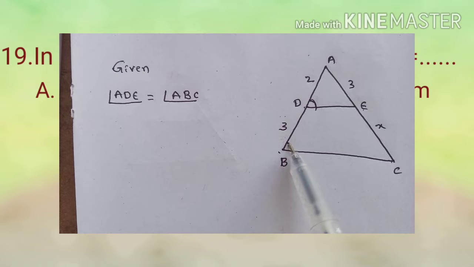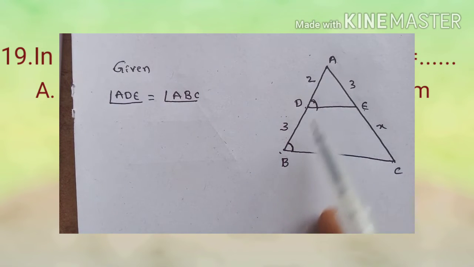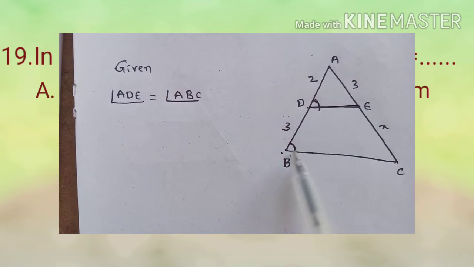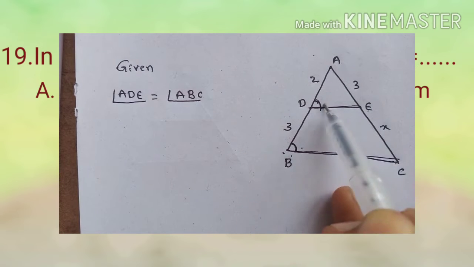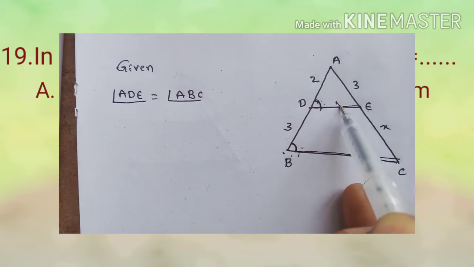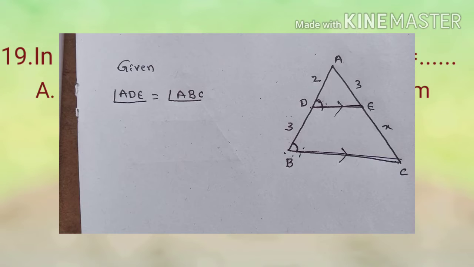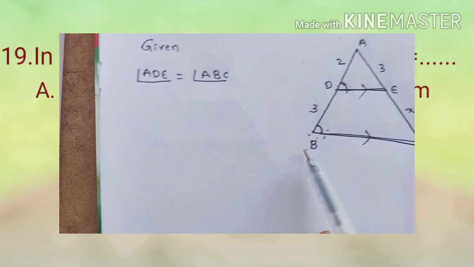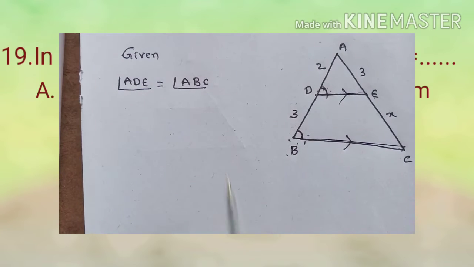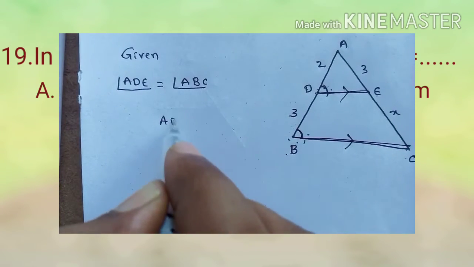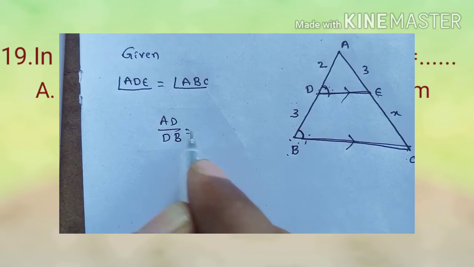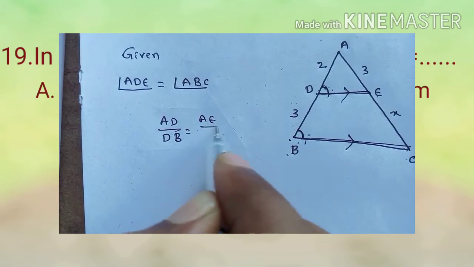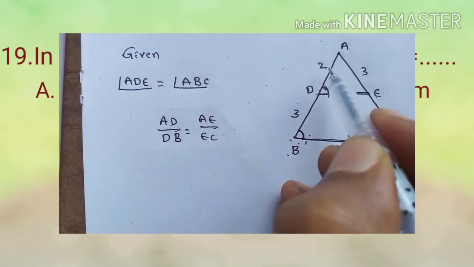These two angles are equal, and they are corresponding angles, so the two lines are parallel. So we can apply BPT. AD by DB is equal to AE by EC.